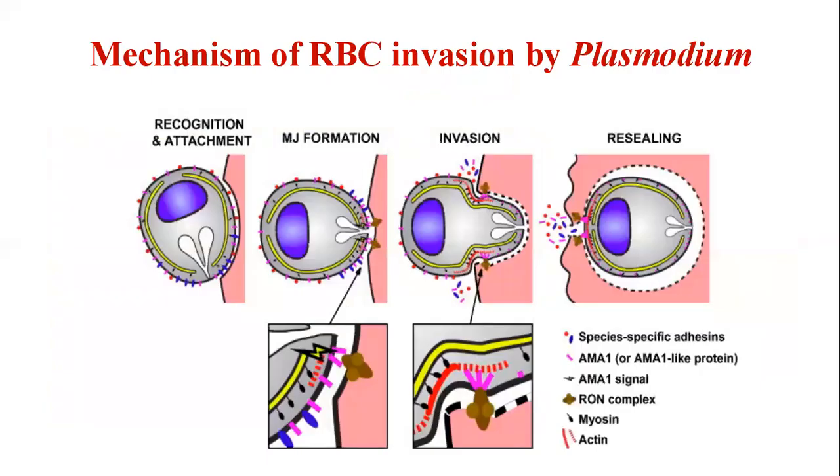Now, it is very important to understand how the merozoite interacts with the red blood cells, meaning the mechanism of RBC invasion by a Plasmodium falciparum merozoite. Host cell recognition is a prerequisite.